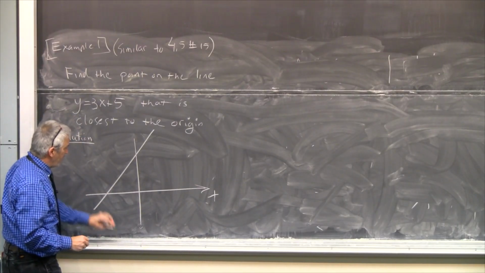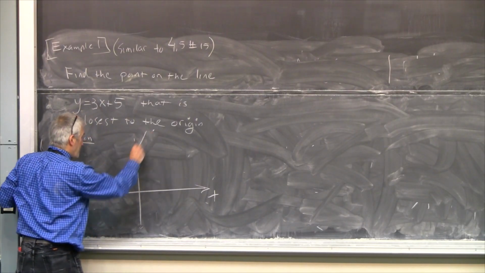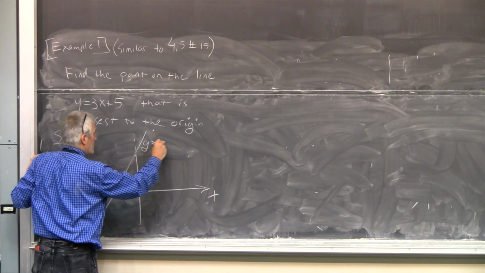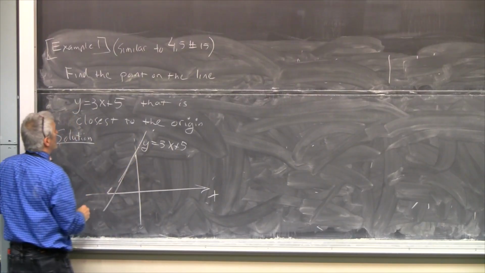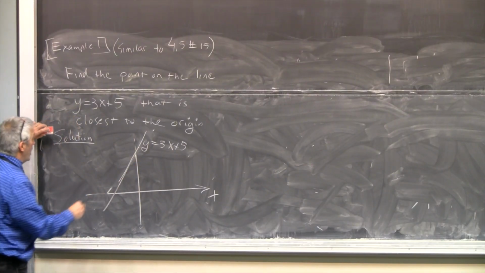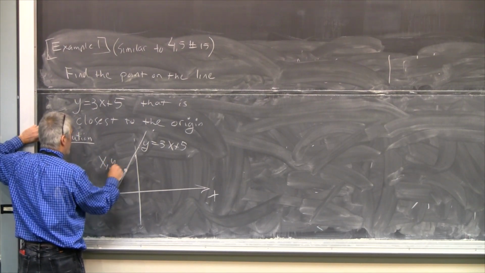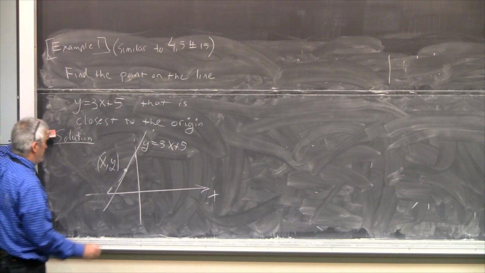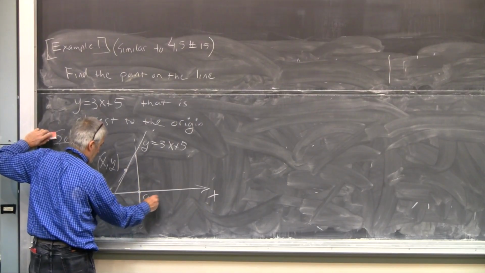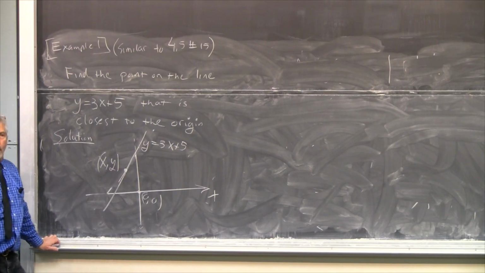I'm going to try to draw a line with a more realistic slope. Okay. Now the problem mentions a point on that line, so maybe x comma y is a point on that line. The problem mentions the origin. So those things are actually mentioned, a point on that line and the origin.